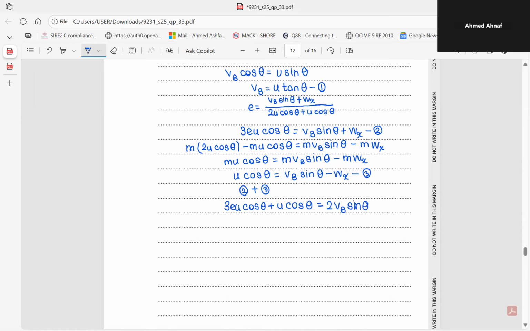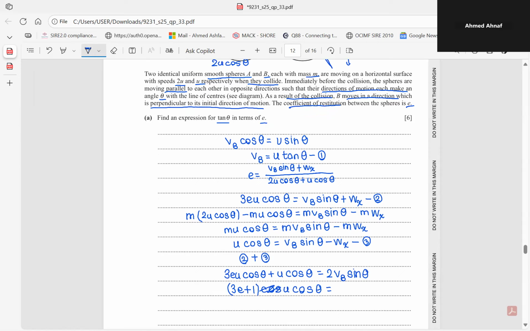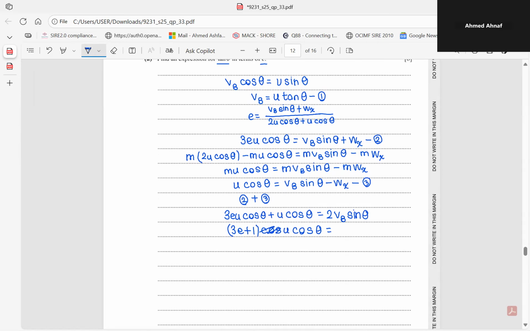And then we can factor out the u cosine theta. You just get (3e plus 1) times u cosine theta, and then for VB sine theta, you can just substitute the first equation. You'll get 2u tangent theta times sine theta.